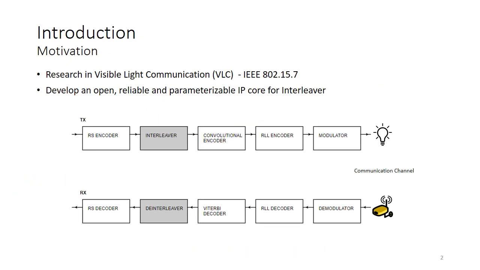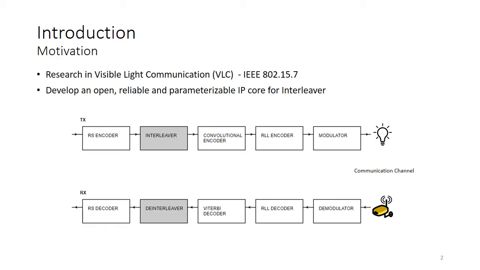Our research group is currently designing a PHY layer for IEEE 802.15.7, which is a standard that regulates short-range optical wireless communications. One of the blocks required by this PHY layer is the interleaver. Its main goal is to mitigate burst errors that are very harmful for error correction code methods, in this case, a Reed-Solomon codec.